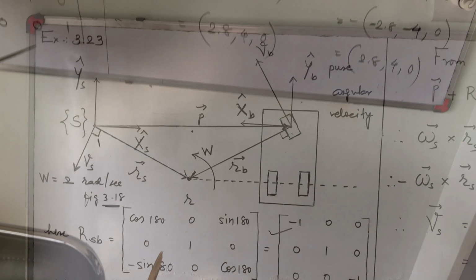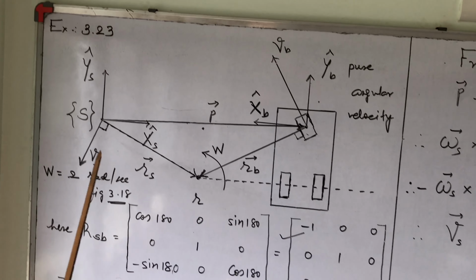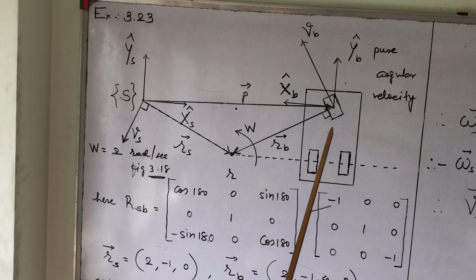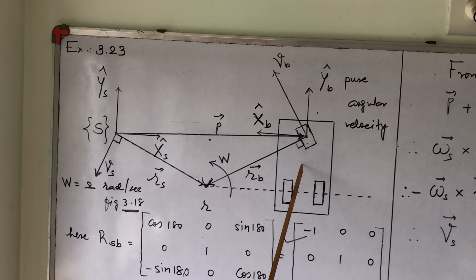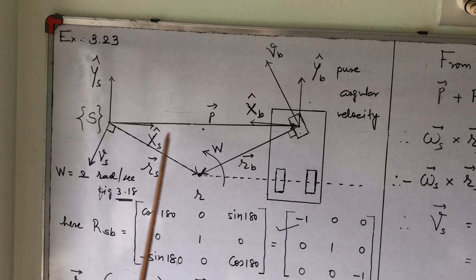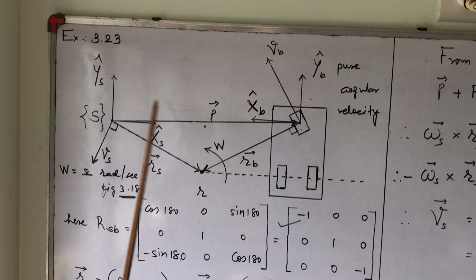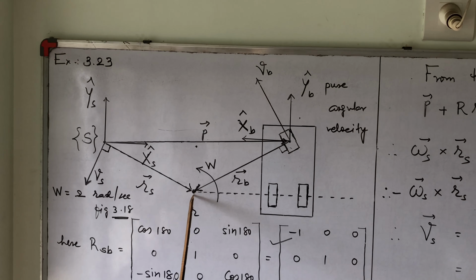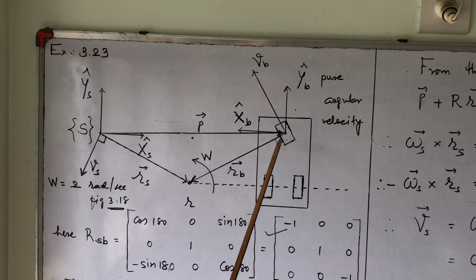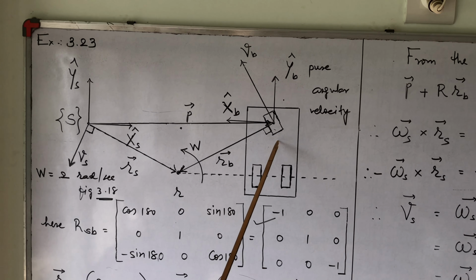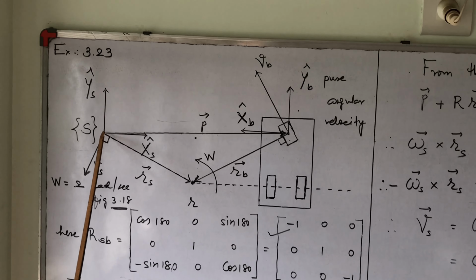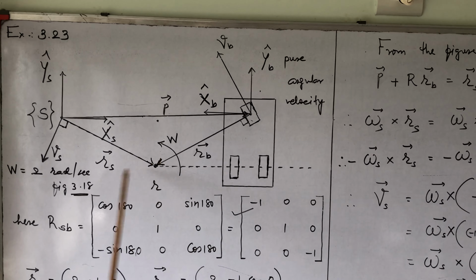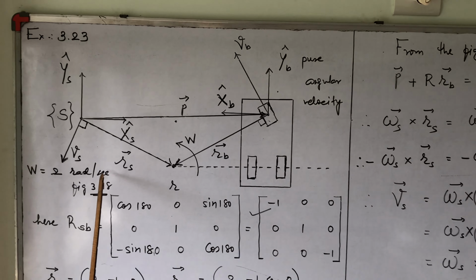Okay. See the figure. The Vs we have drawn here. That means if we consider the car is at rest, relative velocity, then the body frame is moving this way, anti-clockwise, about this axis. See, this axis. If you consider the car is at rest, relative velocity, the fixed frame origin is moving this way with angular velocity omega is 2 radian per second.